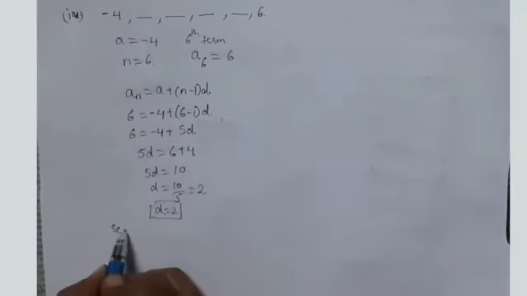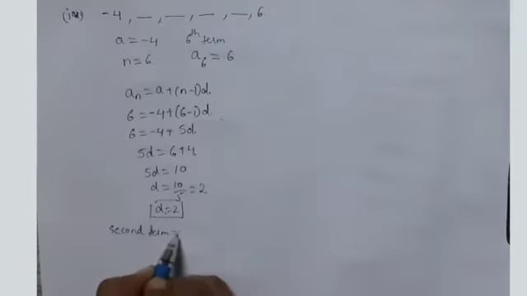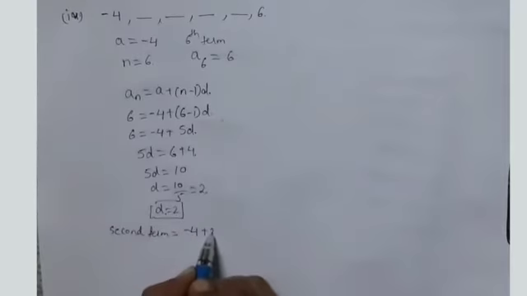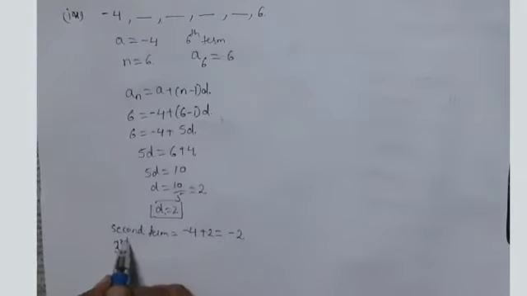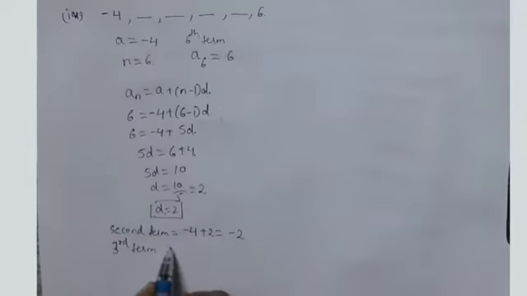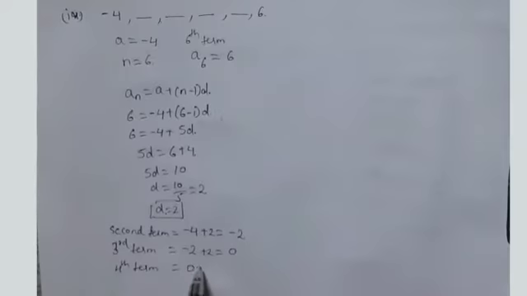So from this d is equal to 2. Let me write what is the second term. Second term will be equal to minus 4 plus 2, which is equal to minus 2. Third term is equal to minus 2 plus 2, that is 0. Fourth term is equal to 0 plus 2, that is 2.